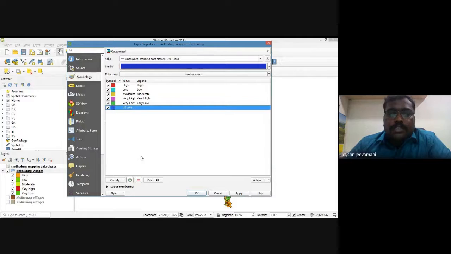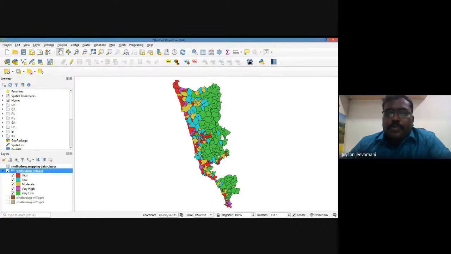Colors I will change later, but now we will see how it looks. So this is the cumulative vulnerability. Again, in cumulative vulnerability, coastal regions have red color, high. So this is how we can map the determined indices for your presentations.